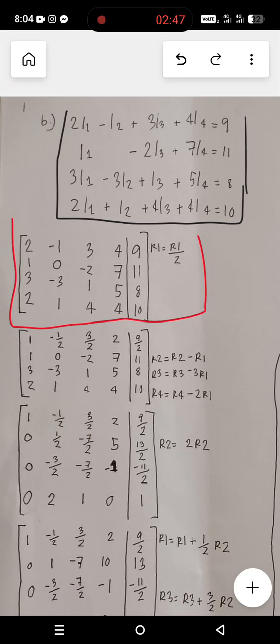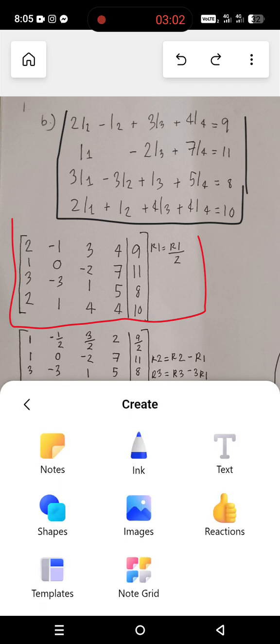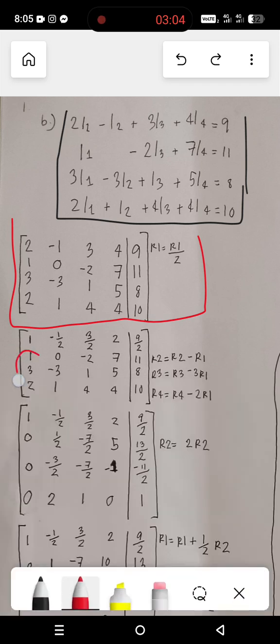So next, we will work to turn the remaining values in this column into 0, because we already turned 2 into 1. So these values must be turned into 0.